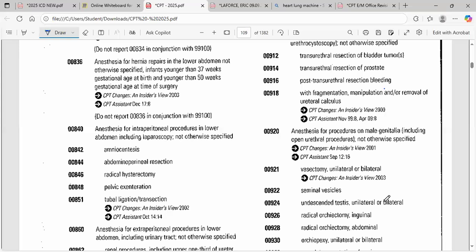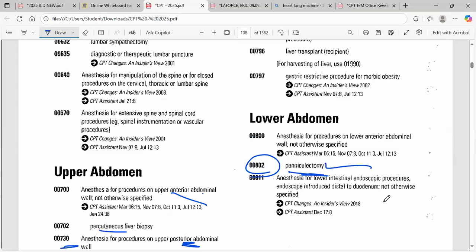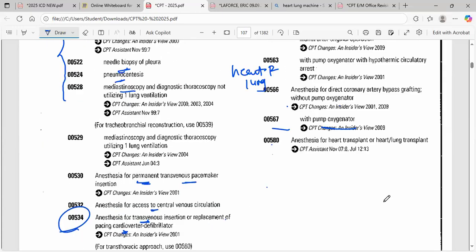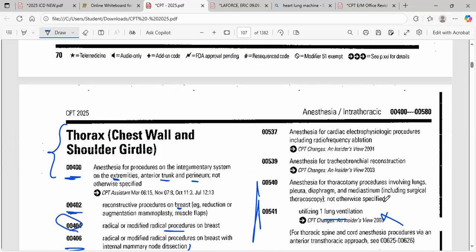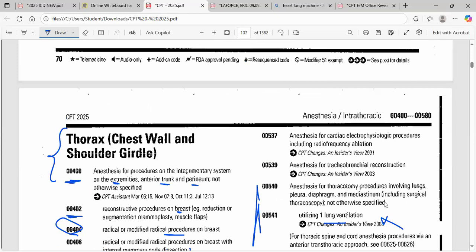So now back to the question. For the anesthesia services, we have two options, 400 and 300. Let's see the difference between these two. The 400 is on the anterior trunk. The lipoma has been removed from the chest. It was just the chest and only.